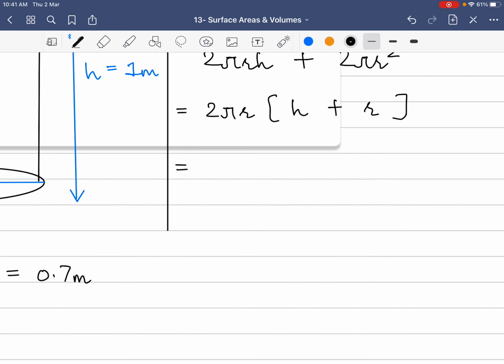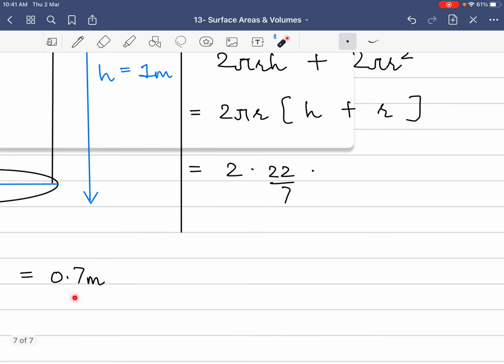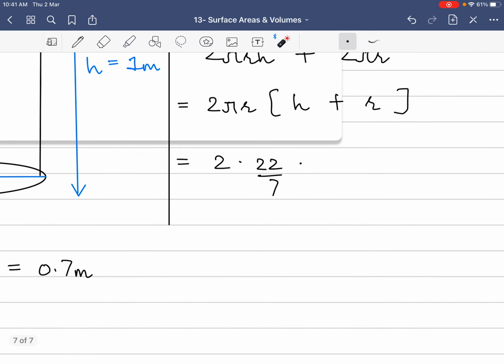This will be equal to 2 pi, and for pi we are going to substitute 22 by 7. So 22 by 7 into r, 0.7 meters, and h is 1 meter, so 1 plus again 0.7 meters.